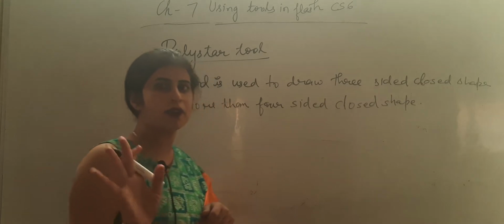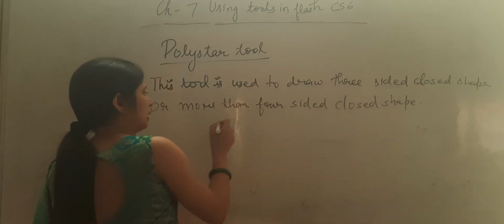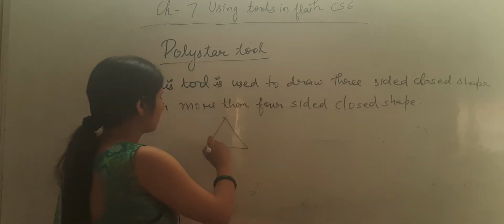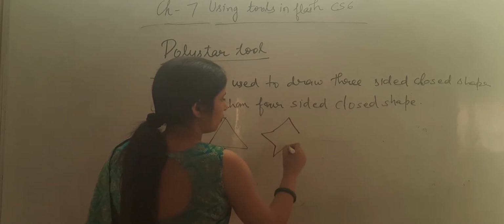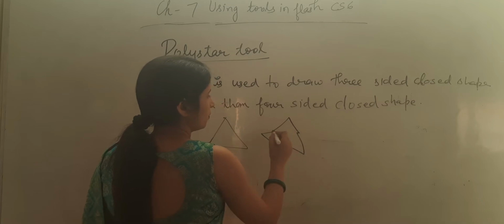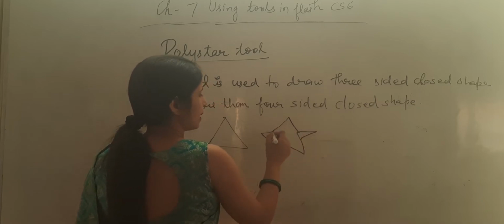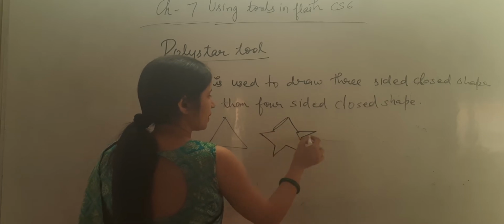Means with the help of this tool we can draw a triangle, because it has 3 sides. This kind of shape, how many sides does it have? 1, 2, 3, 4, 5, 6, 7, 8.